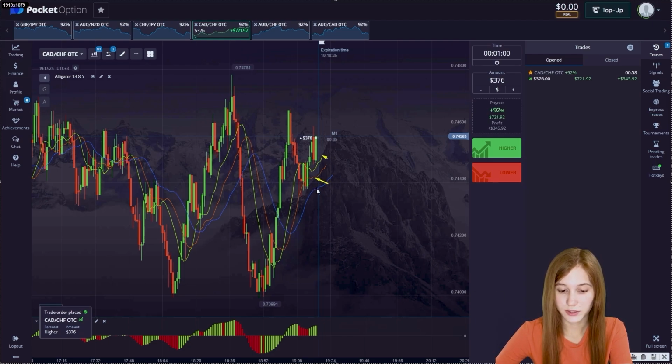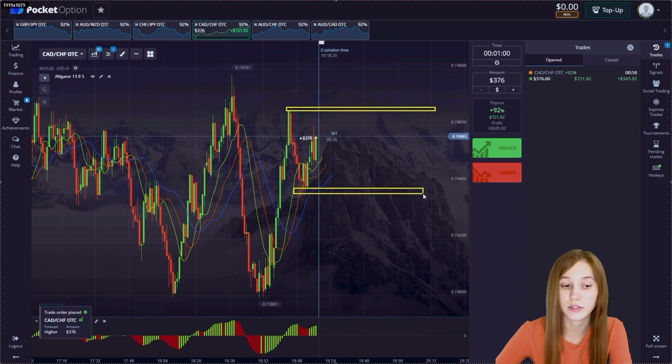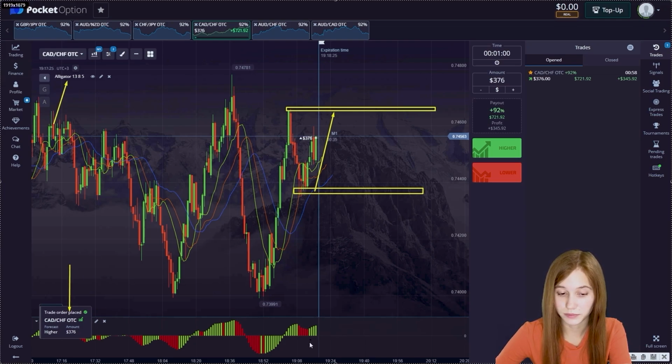And our trends are also confirmed by our first indicator, the alligator. Upper position. If we highlight areas of resistance and support, we can observe that we are quite confident that we are moving towards our area of resistance. So good. By the oscillator also, we see four green bars.